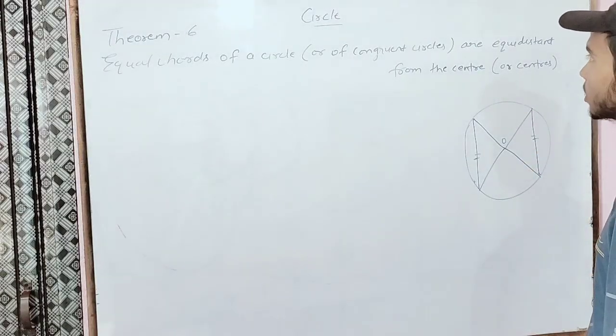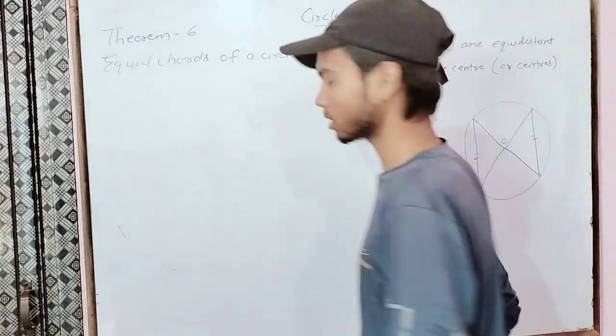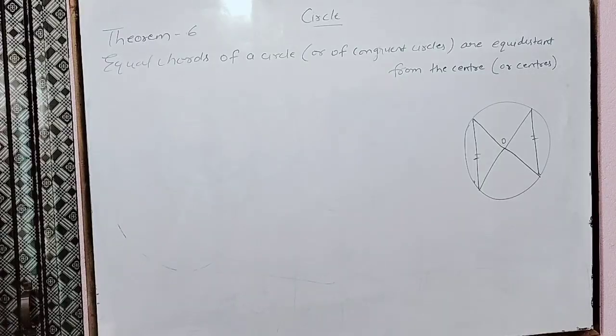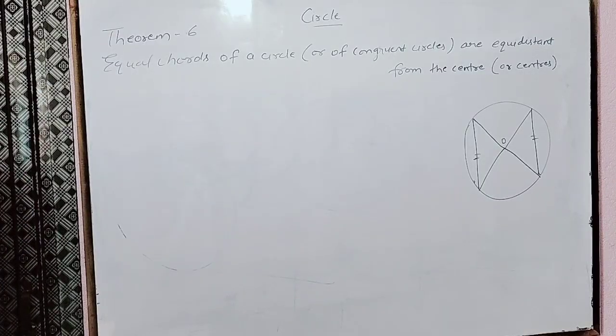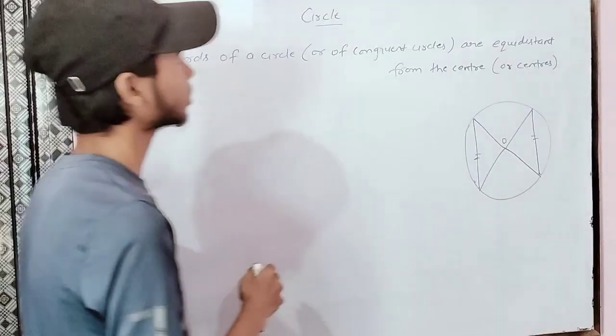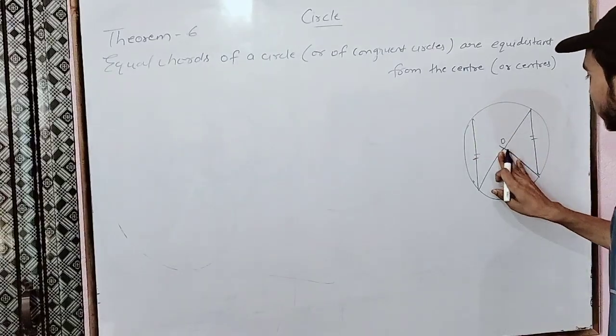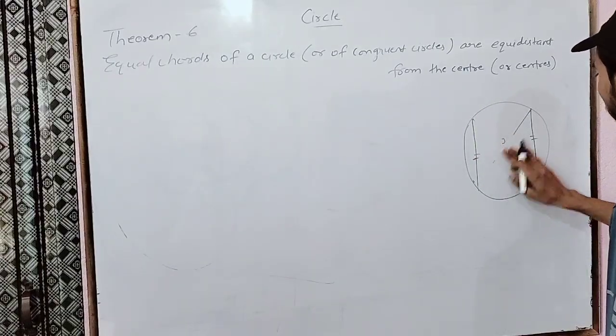This is equal, and this is what this statement is saying. So the measure of the chords is equal. So equal chords are equidistant.